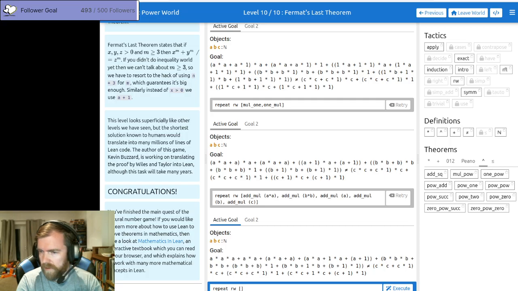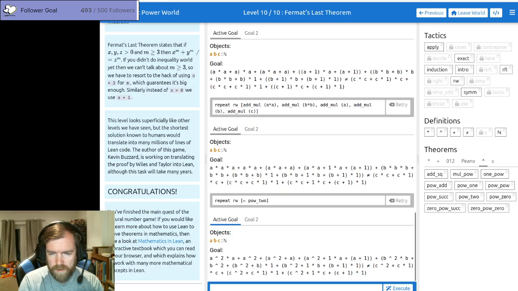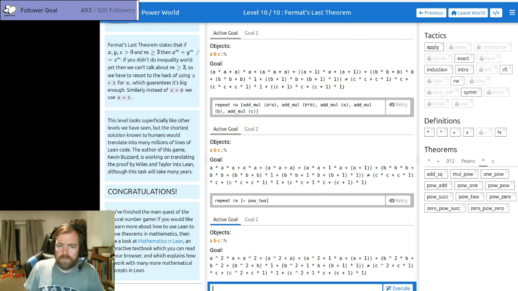Repeat, rewrite. How to going backwards. I still think this is going to fail.